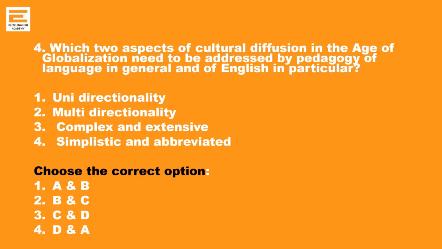So now look at the question. Which of the two aspects of cultural diffusion? What is cultural diffusion? When one set of words and sentences, ideas or cultural set is followed by one group, it has the ability to get transmitted to another group.